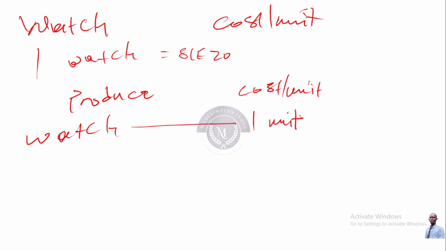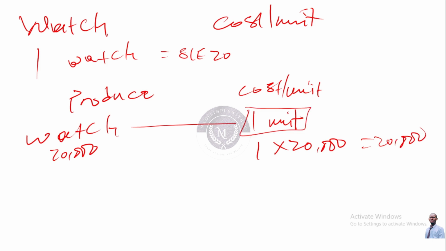If you are producing, let me say, 20,000 watches, you want to know the cost of each watch. So you take a sample of one watch, multiplied by the number of watches produced, which is 20,000. This gives us the total cost. But the cost per unit is what? One watch.